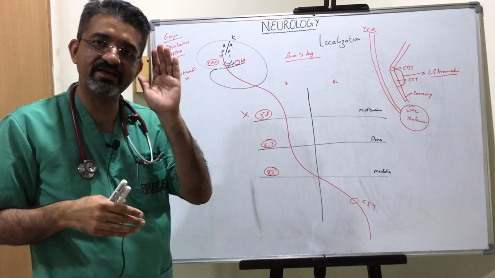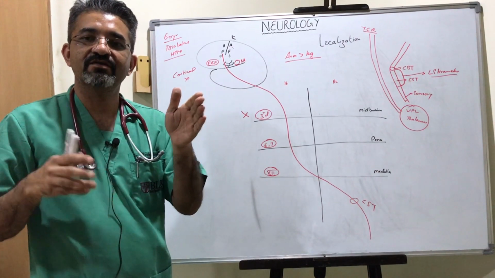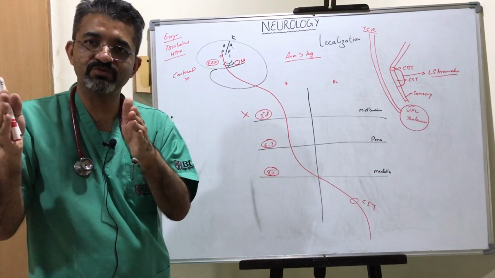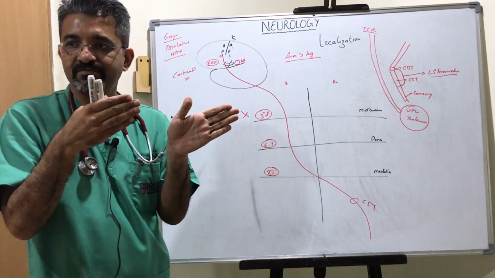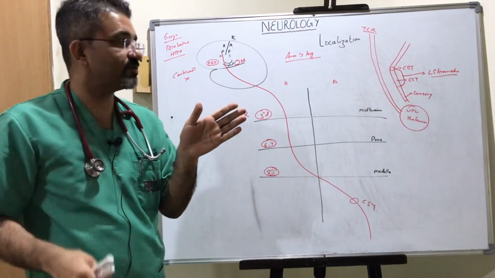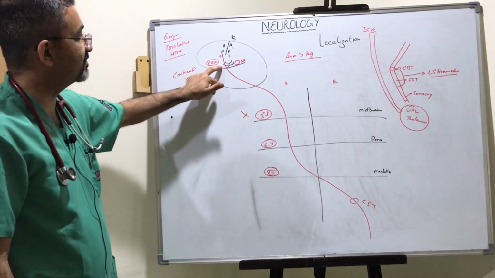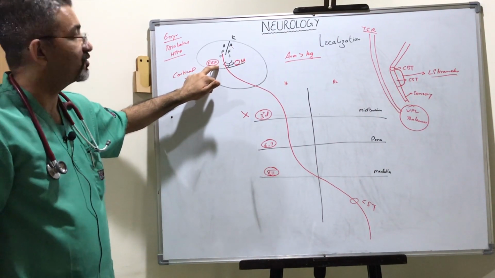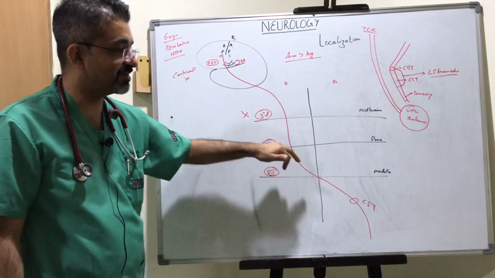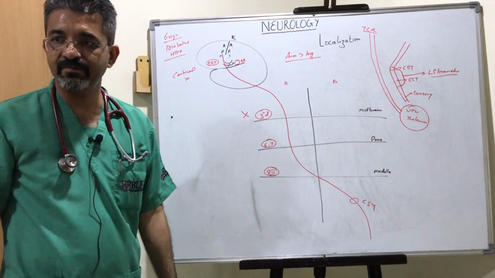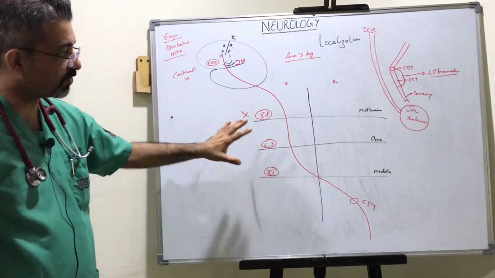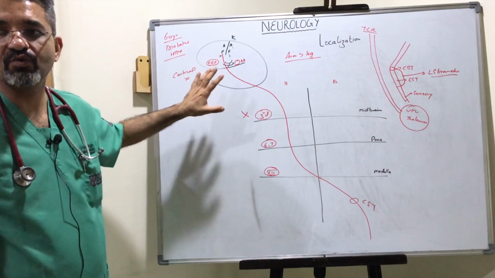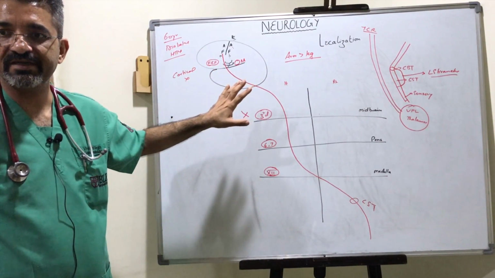So if my left frontal eye field is gone, the right frontal eye field will push my eyes towards the left side. So a patient with MCA involvement can come to you with frontal eye field involvement with loss of contralateral power, right? So this is a way of localization in any stroke.